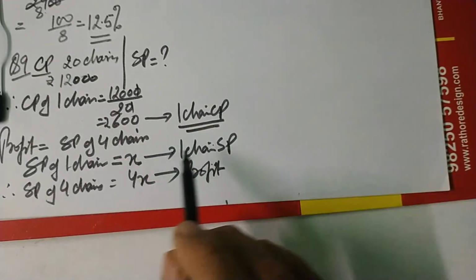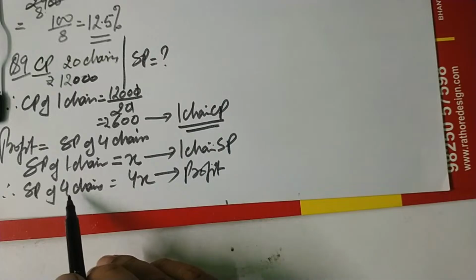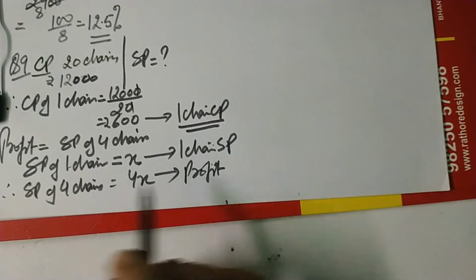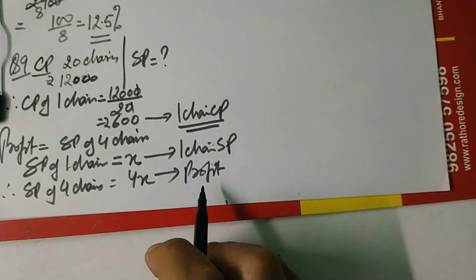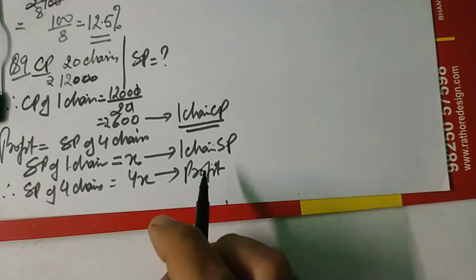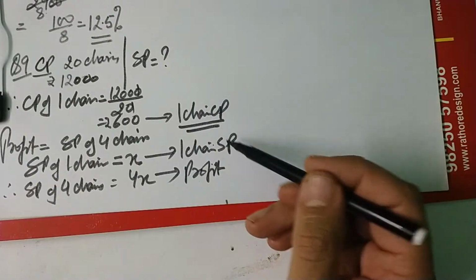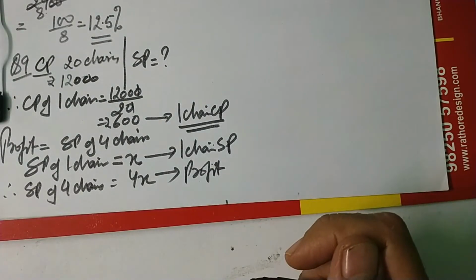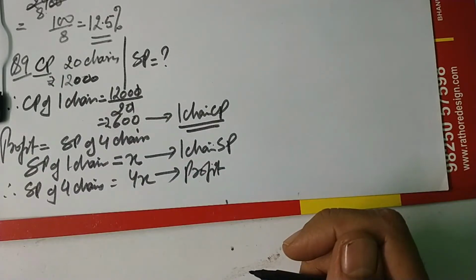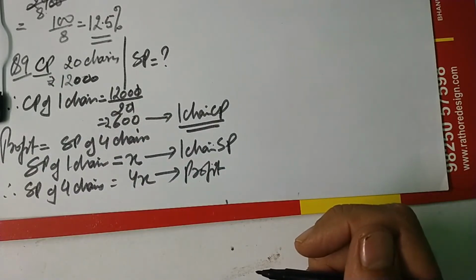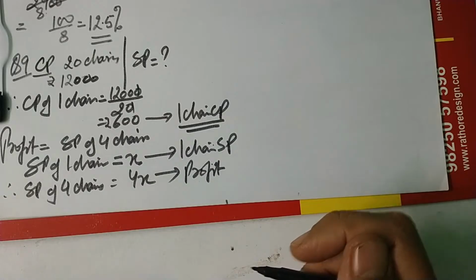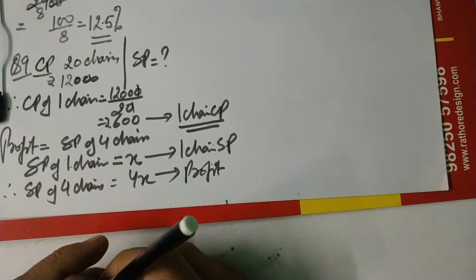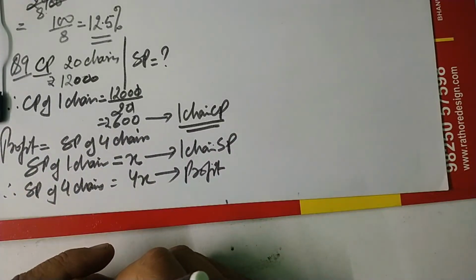Selling price of one chair is X. Selling price of 4 chairs, 4x, is the profit. Now use this profit, CP and SP to find the value of X. So profit is equal to selling price minus cost price. Use this to find the relation. This is also a unitary method question.